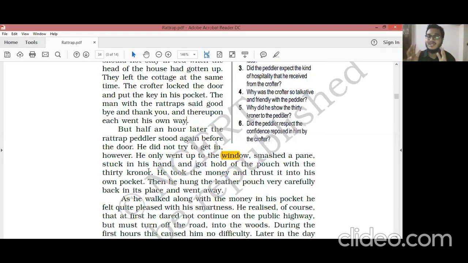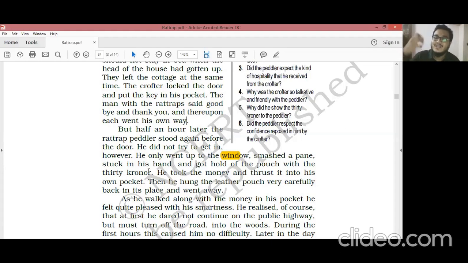See, the host, the crofter, the old man, trusted this man, showed him the thirty kroner bill, welcomed him, gave him shelter, gave him food, gave him time to stay, and what did he do in return? Again he is committing an act of stealing.